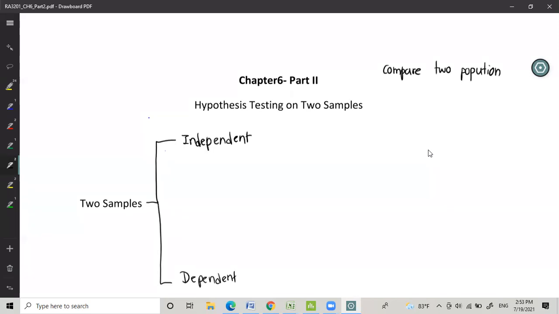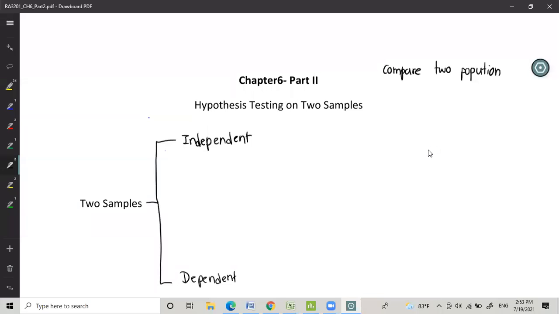Likewise, we are going to compare these two proportions based on the average or based on the proportion. So when you are going to compare these two populations, either they can be independent or they can be dependent. Now, depending on whether you are comparing two independent samples or two dependent samples, the test statistic and the variability, the standard error you are going to use, they are going to be different.